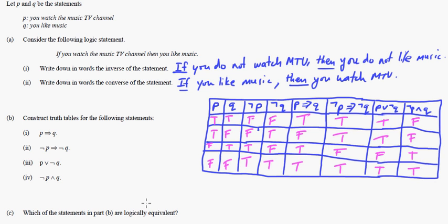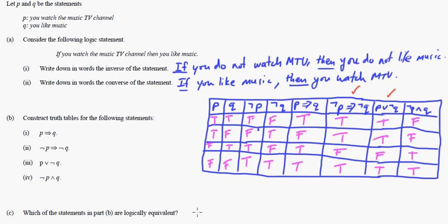Now, which of these statements in part B are logically equivalent? Well, logically equivalent just means that they have the same truth table. So let's look. Which ones have the same? Oh, this one, and this one. True, true, false, true.